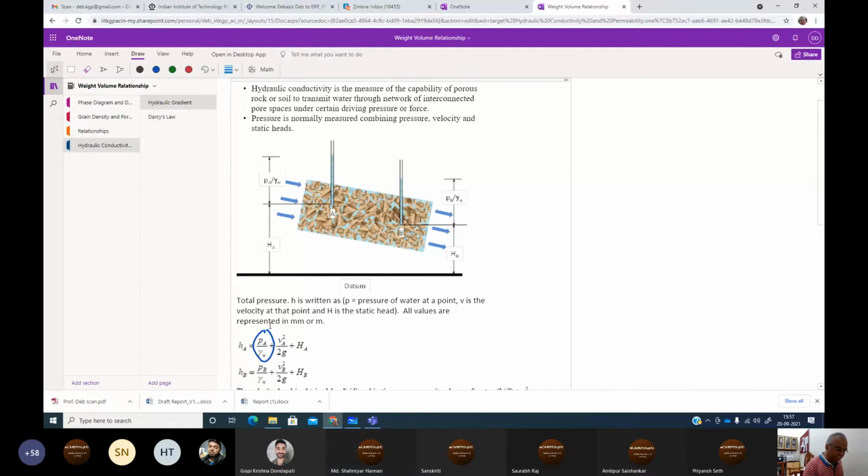So you see, the datum is also given in meter. Now that means pressure divided by density is also in the unit of meter, and so we call this pressure head. So the P by gamma, I'm writing water because I'm considering water, we call this pressure head.